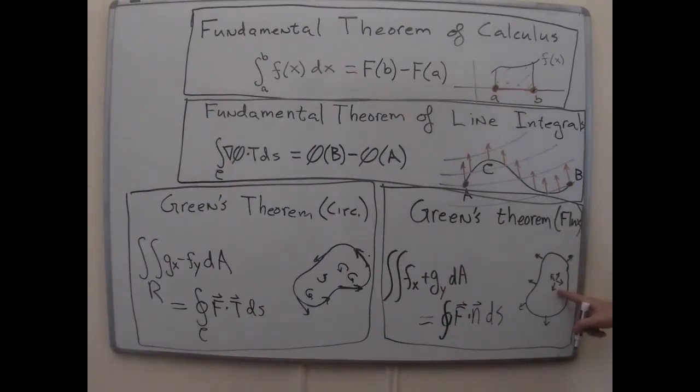It's really the divergence of the flow, although, since we're just in 2D, that expression, the x partial of the x coordinate of the field plus the y partial of the y coordinate of the field, f_x plus g_y, gives you the extent to which vectors are separating on the interior.